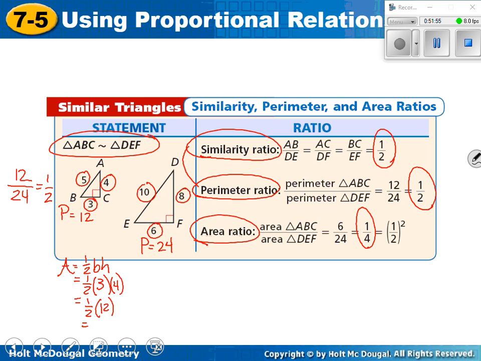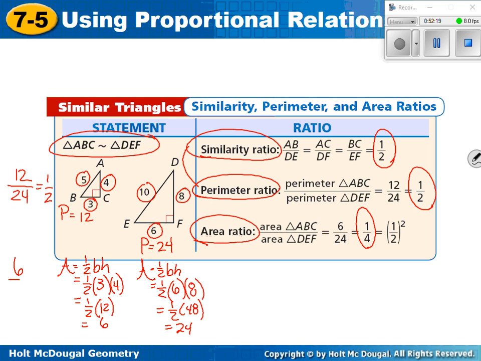Okay, let's do this triangle here. 1/2 base times height. What's the base? 6. What's the height? And what's 6 times 8? Half of 48 is 24. Okay, I just wanted to review to make sure you could still remember from chapter 1 how to find area.